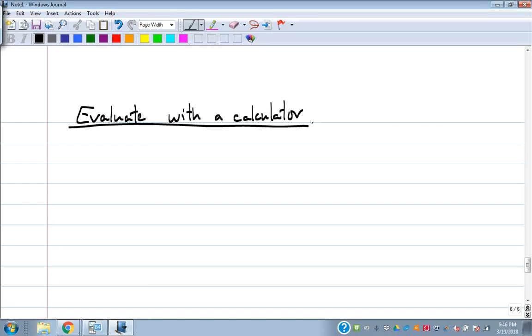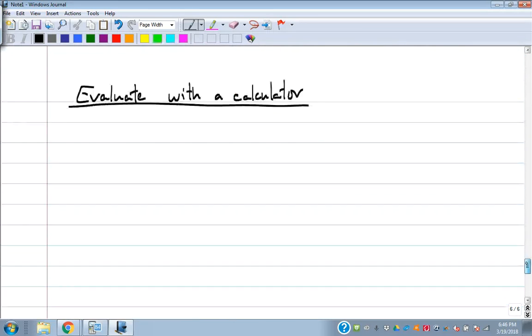Evaluate with a calculator. Well, that was letter Z, so we're on A. Log of 49. We're going to get a decimal approximation.